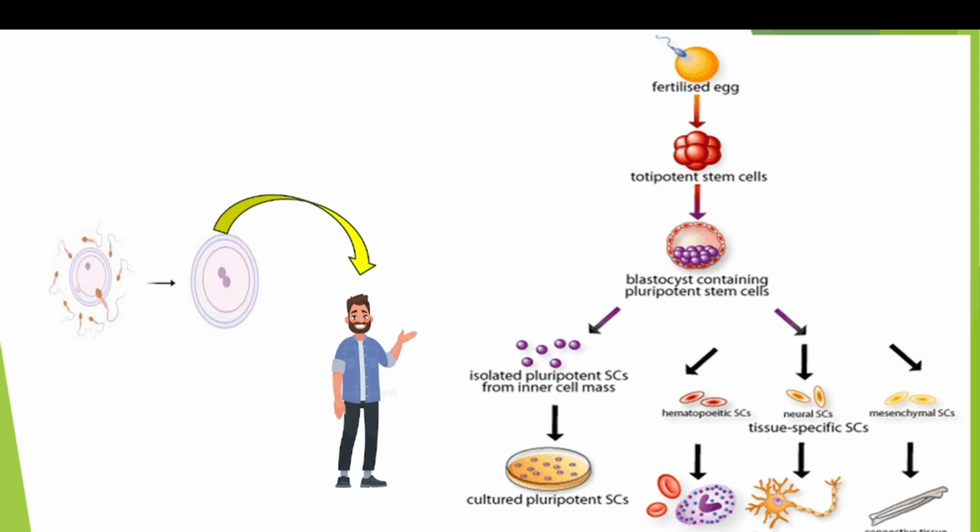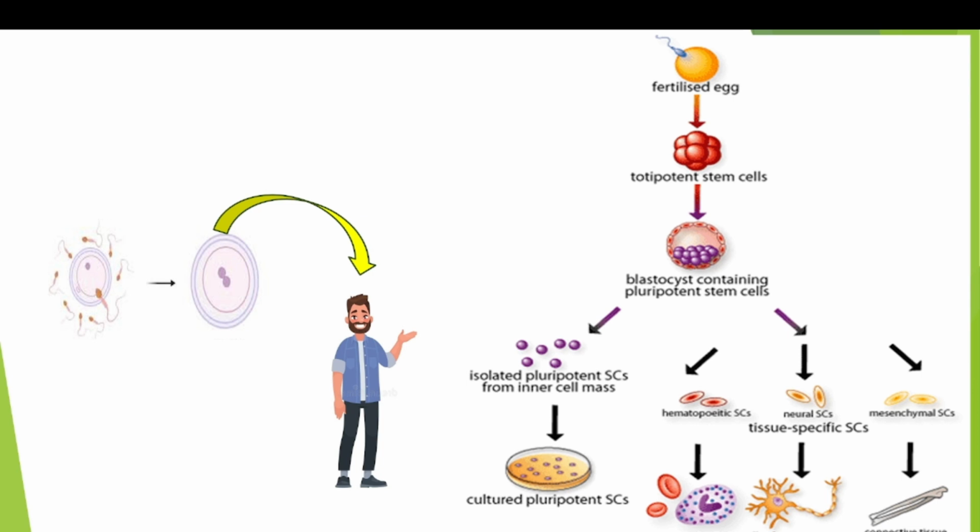The potential is decreasing. Totipotency means an entire organism can be produced. Pluripotency means only a few cell types can be produced. That means the potency is decreasing step by step. Then the blastocyst containing pluripotent stem cells further divides into isolated pluripotent stem cells, hematopoietic stem cells, neural stem cells, and mesenchymal stem cells.